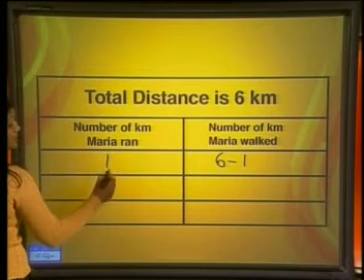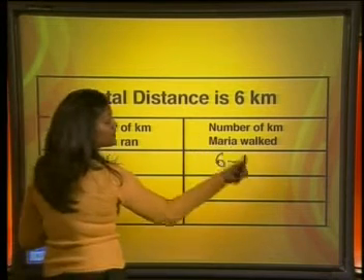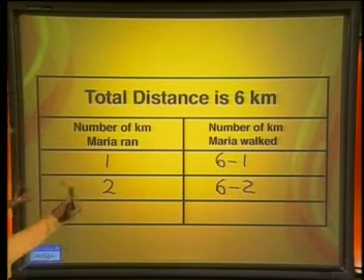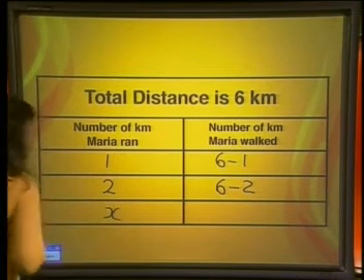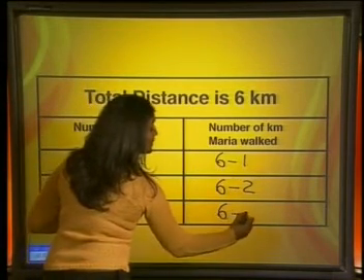If she ran 2 kilometers, then she walks 6 minus 2. Now, if the number of kilometers that she ran was x, the number of kilometers that she walked should be 6 minus x.